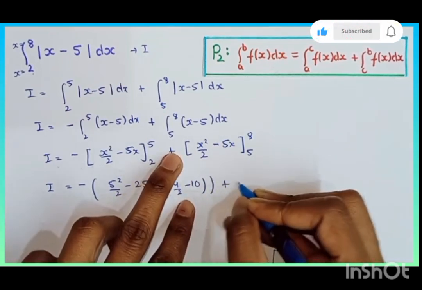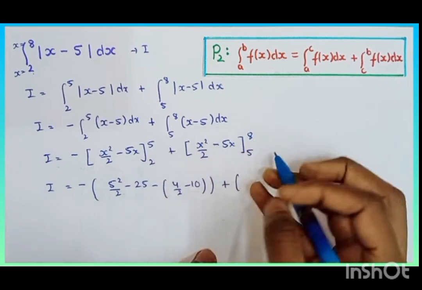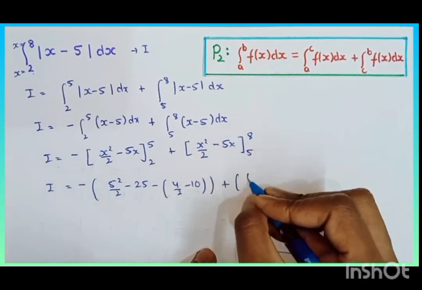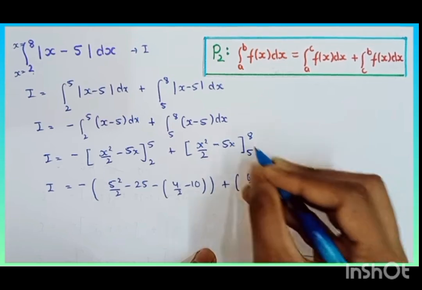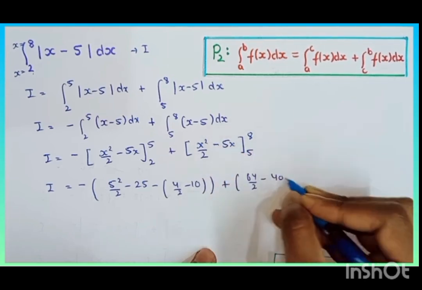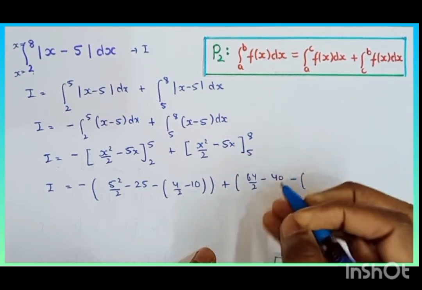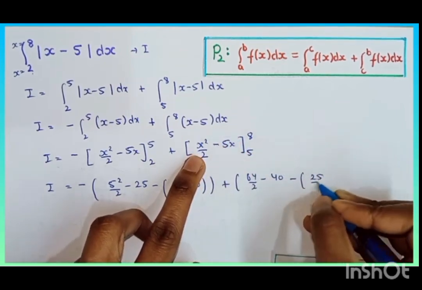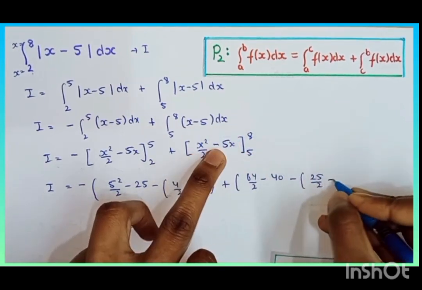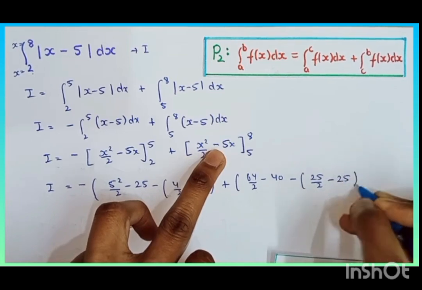Then there is plus, so wherever x is, put 8. So, 8 times 8 equals 64. So 64 by 2 minus 5 times 8 equals 40. Then wherever there is minus x, put 5 there. So 25 by 2 will come from here. And what will come here? Minus 25 will come. Close the bracket.